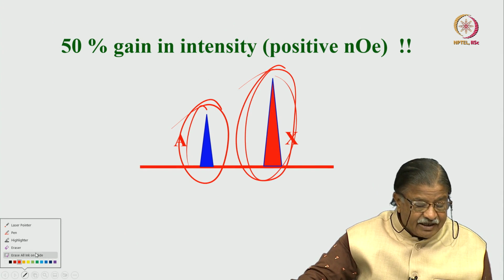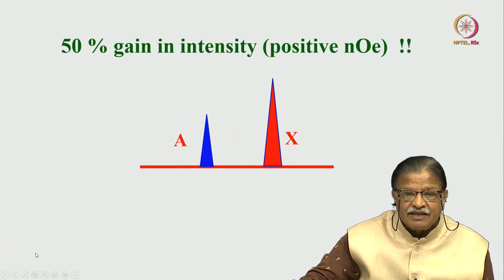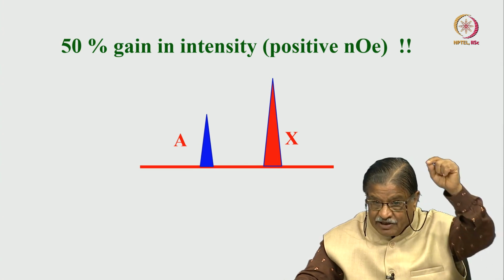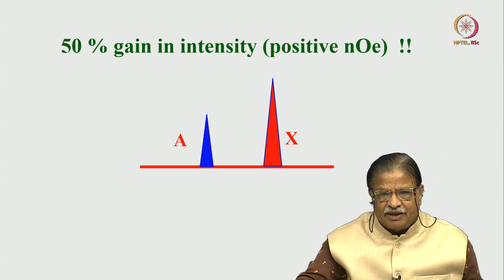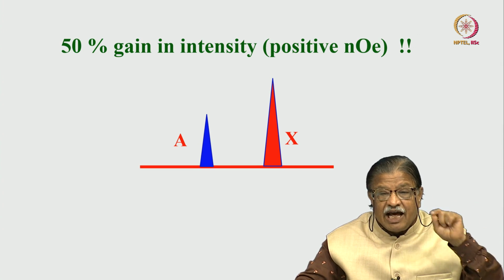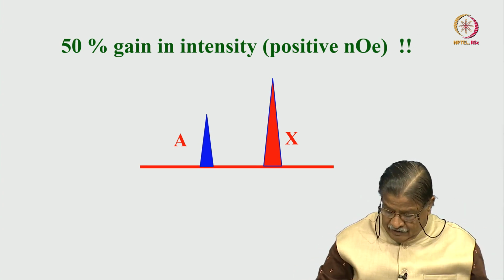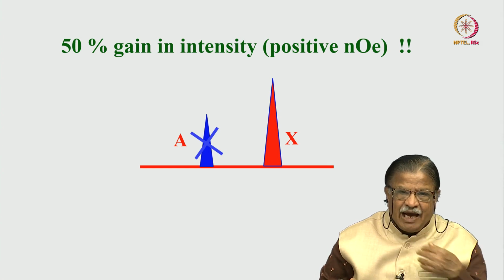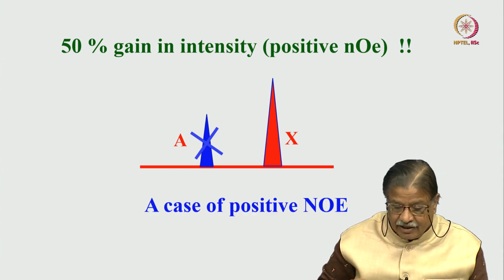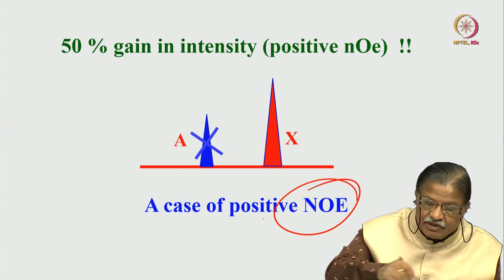There is a gain in the intensity. This is a situation called the positive NOE case. If the spins undergo relaxation through the double quantum pathway, there is a positive enhancement of the signal intensity by nearly 50%, and you are going to get positive NOE. This is a case of positive NOE.